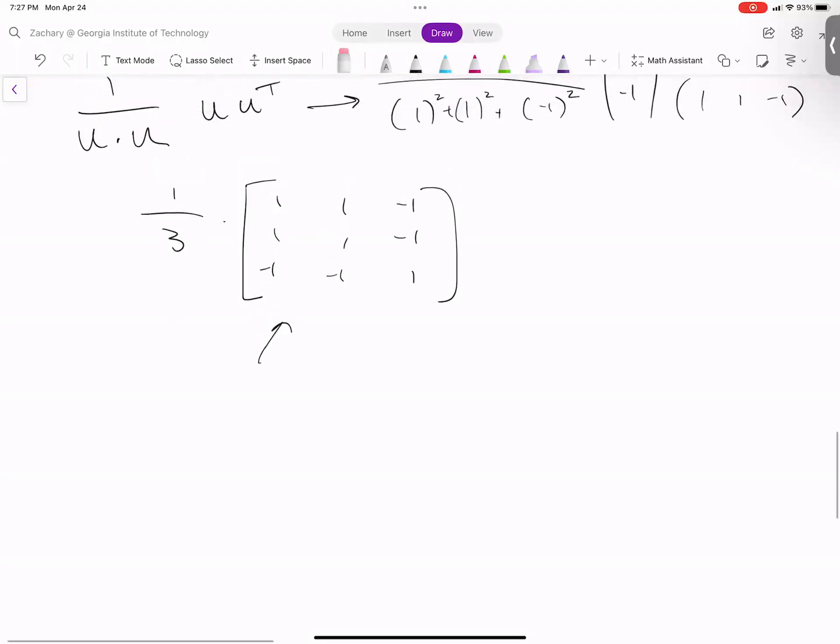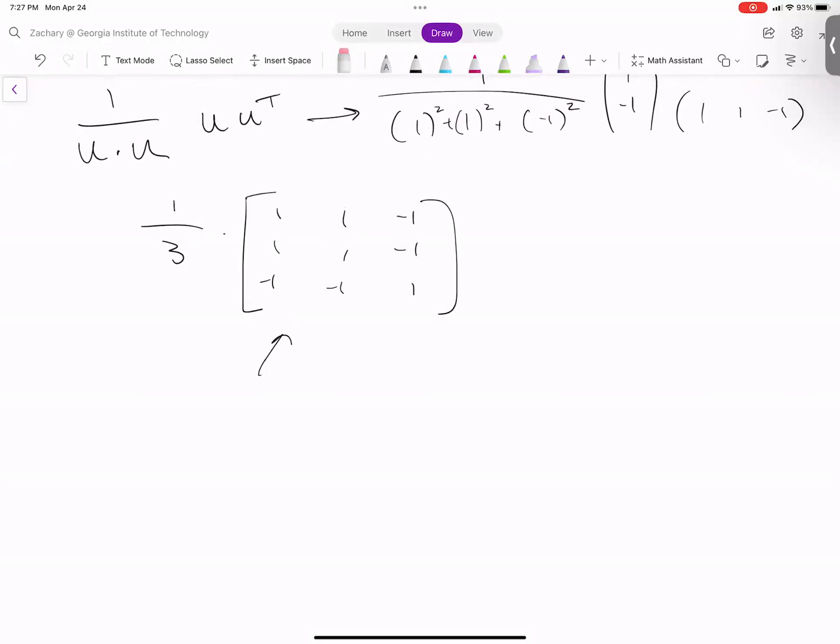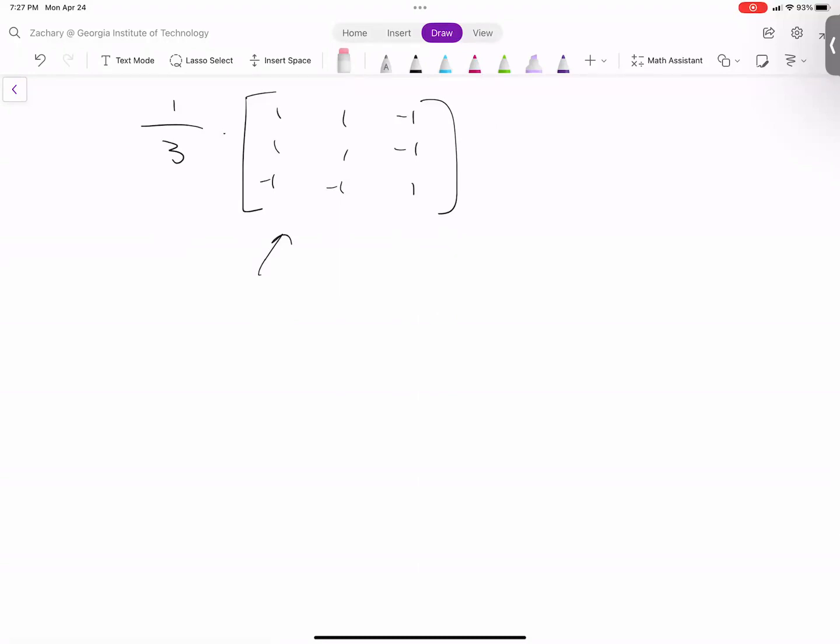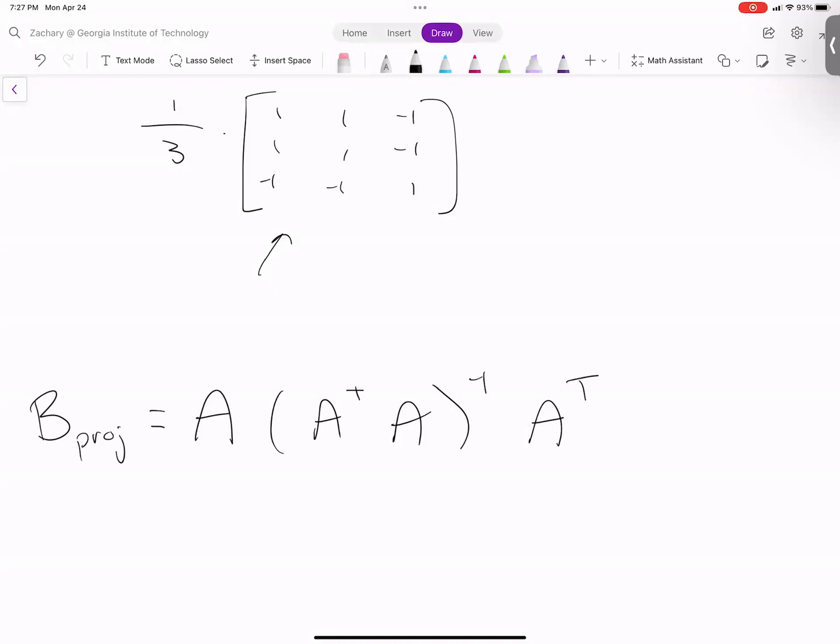If you're given a projection for something that's bigger, I find the CDC inverse method to be easier, which is horrible, but something you can always do to find a general projection matrix is A times A transpose A inverse times A transpose. This will give you some projection matrix. It sucks. This is probably the hardest formula you have to remember.